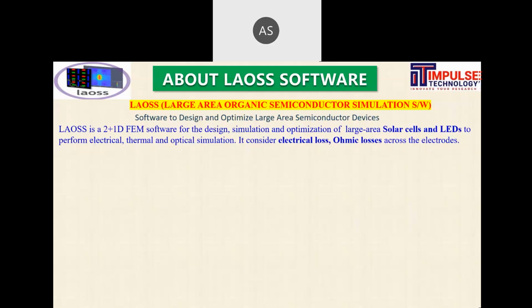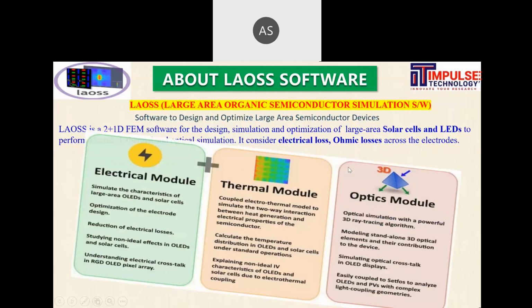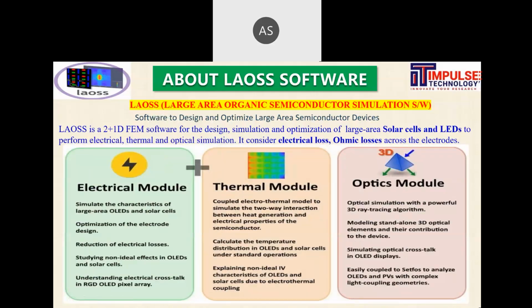SATFOS is one-dimensional and LAOS is one-dimensional plus 2D FEM based, and it will also consider the losses in your device: electrode losses, ohmic losses, shunt losses, heat generation losses. Those losses can be overcome using this LAOS software in two dimensions.